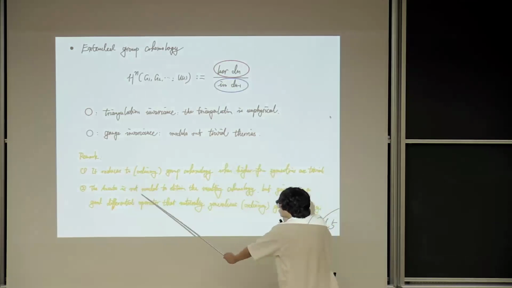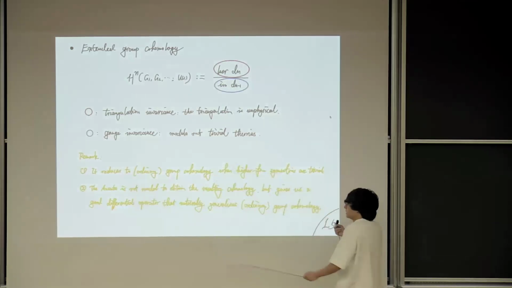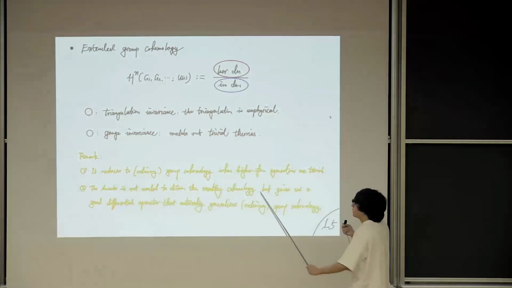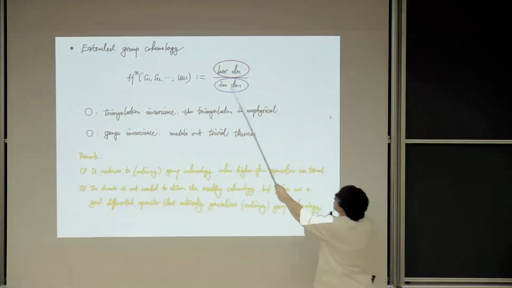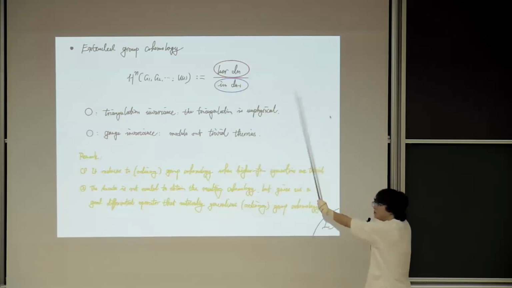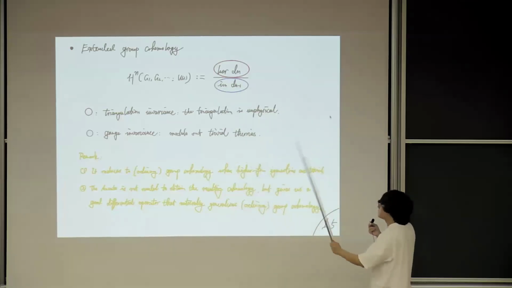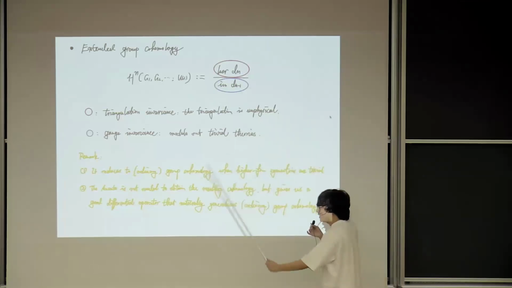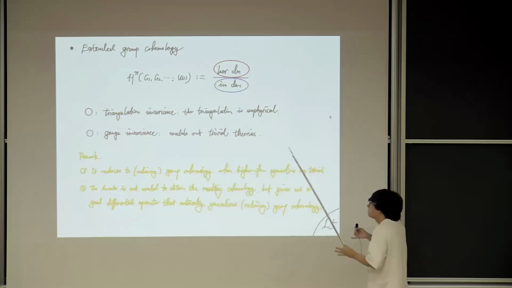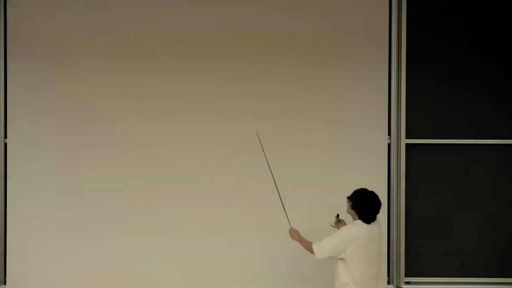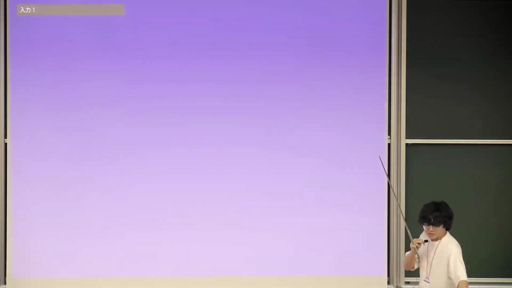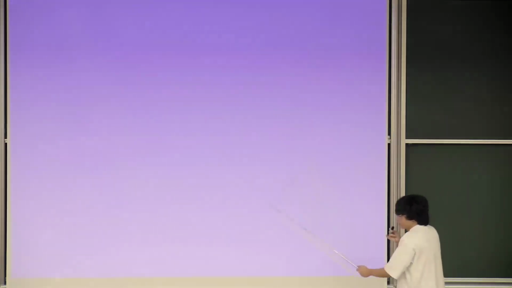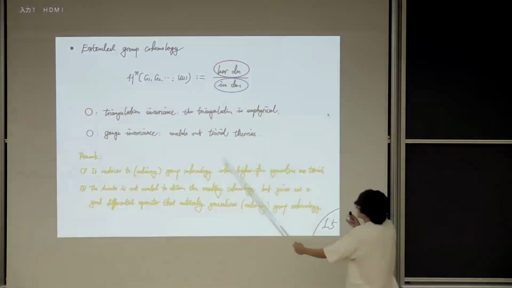I have to emphasize that the ansatz I made is not needed to obtain the resulting cohomology, because people can do it very abstractly. People can just forget about the ansatz and work with the gauge field capital A with the locally flat constraint, and just abstractly write down this cohomology. Of course, the resulting cohomology will still be the same thing. So that's not a surprise.